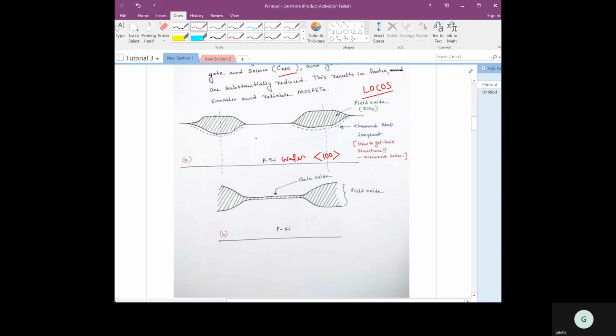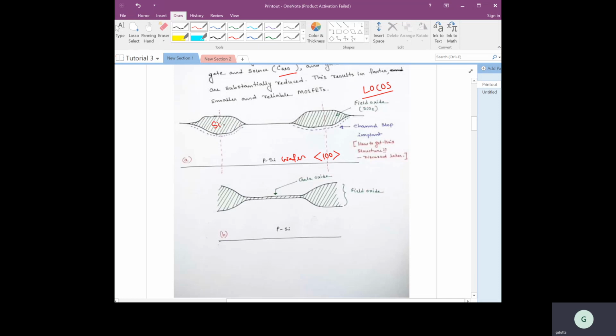So here you can see the structure; the top surface would look something like this. Here you have the silicon dioxide, which is quite thick in between, and gradually becomes thinner.